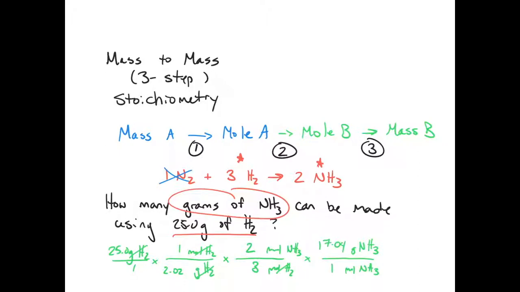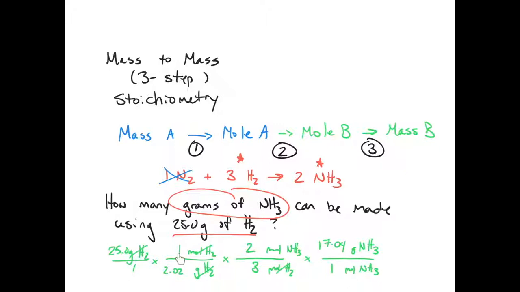Students always ask me, especially when they're struggling or developing this skill, how do I know where to put the number? How do I know that grams goes on top and not on the bottom? And the answer I give them is, well, moles, when in a molar mass, always is equal to 1. So 1 mole. The grams has to be from the periodic table. So if you set up your units to cancel out, like you should, you put the numbers where the grams are, and you put 1 where the moles are.